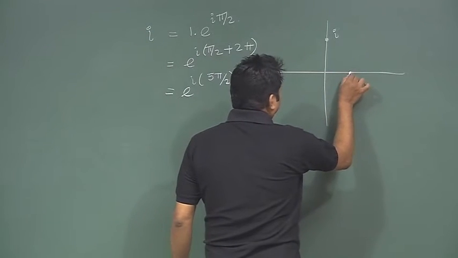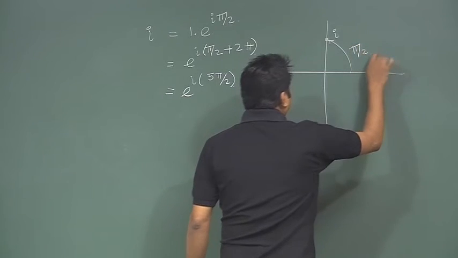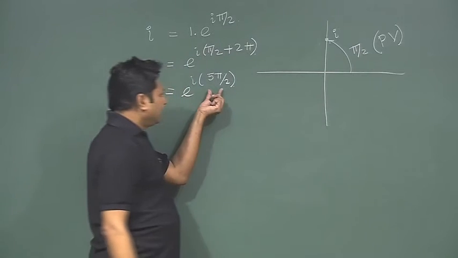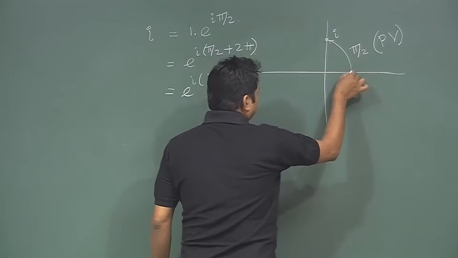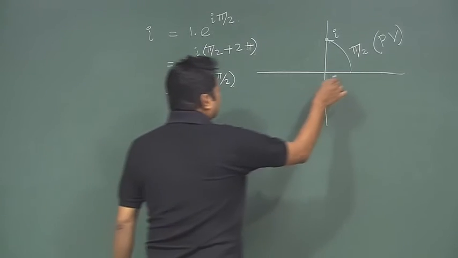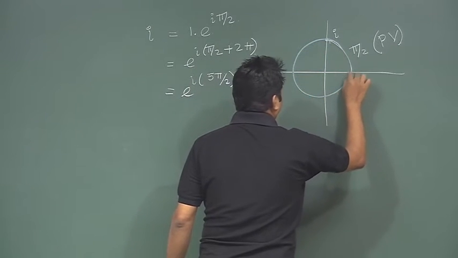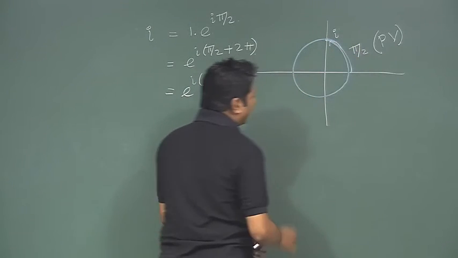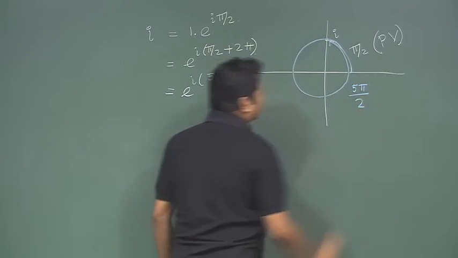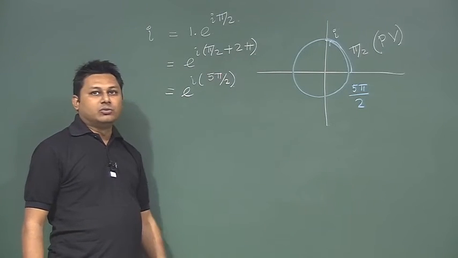In one case the angle is measured from here to here, which is pi by 2, and this is the principal value. The other one adds 2 pi: I go here, here, here, here, and then to this point. What is the value of this? 5 pi by 2, which is not the principal value, but has something added to it.